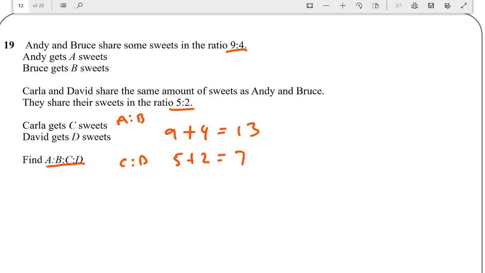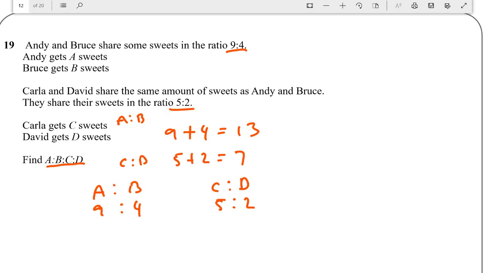Now with this question, let's write down the ratios. A to B is 9:4, and C to D, Carla and David, is 5:2. Now we need to find the equivalent ratio, so we can write it as a whole ratio, A to B to C to D. When we find an equivalent fraction, we multiply by the opposite denominator.